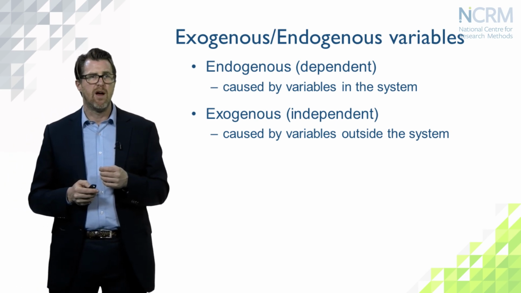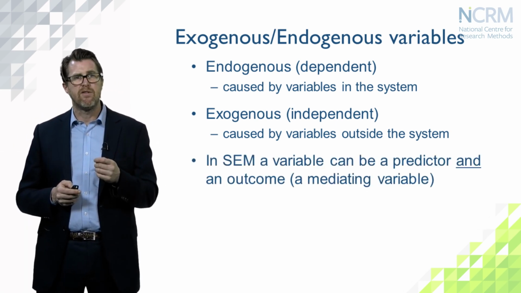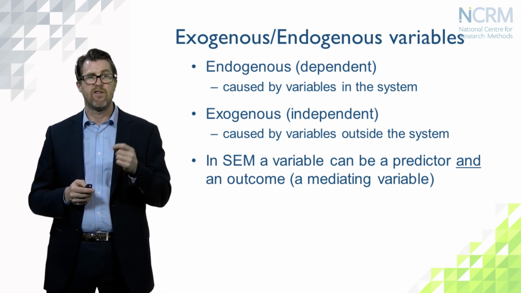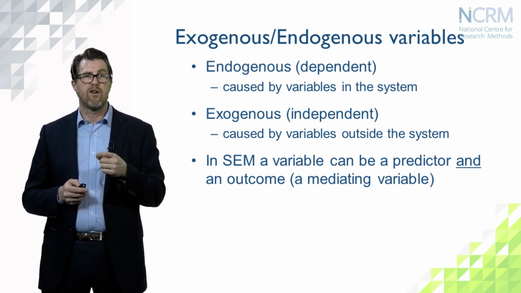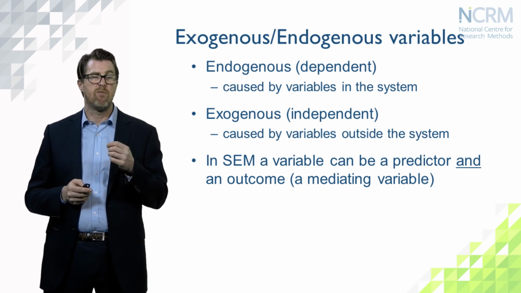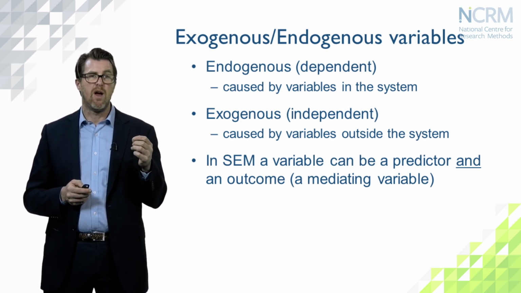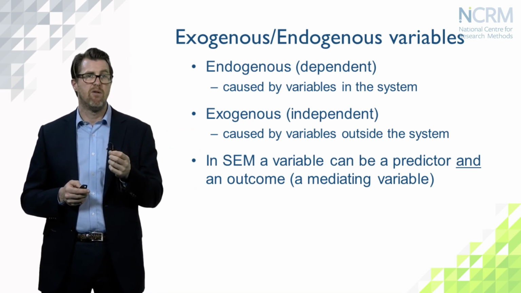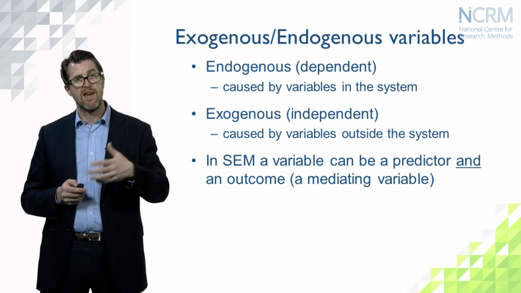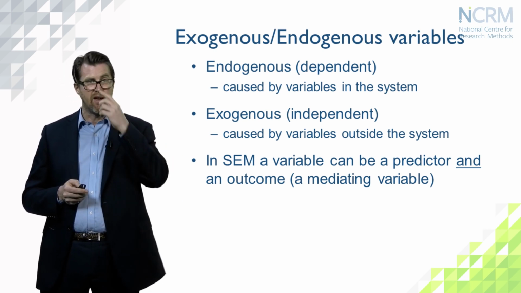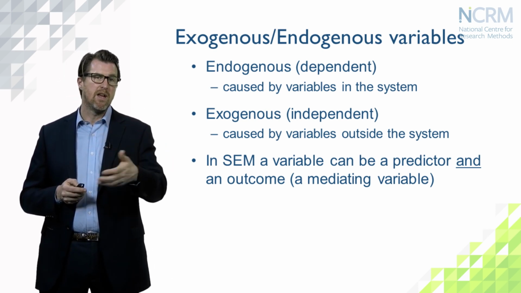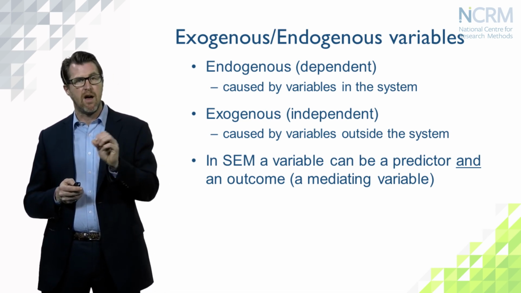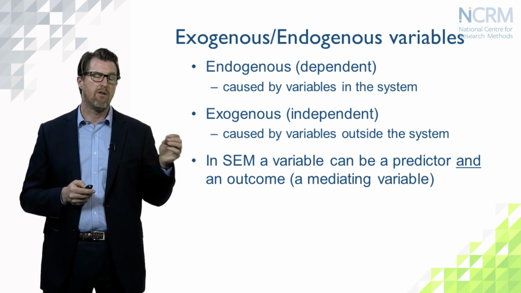Now, an important part of SEM is that variables can be both exogenous and endogenous. So we can have an arrow pointing into a variable, making it endogenous, and that variable itself can have an arrow pointing at another variable, making it an exogenous variable in that limited sense, although it's now a different kind of variable because it has an arrow both pointing into it and an arrow coming out of it.